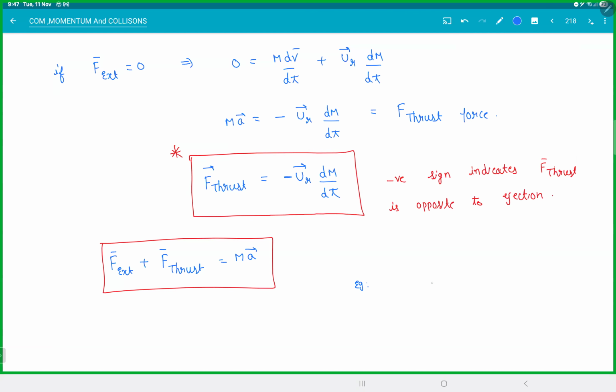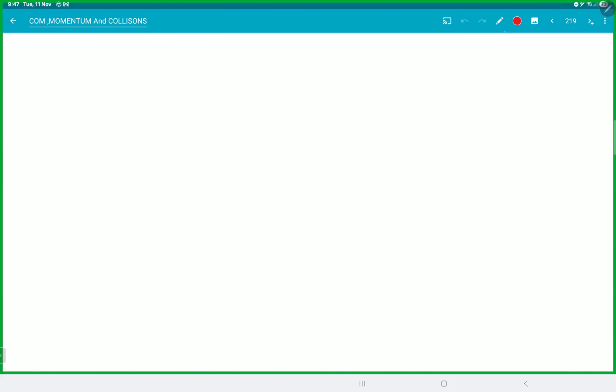So, example, let's say we have a rocket and let's say it is ejecting gases. Let me show it on the next page. Thrust force, that's quite an important result. Let me show you an example.